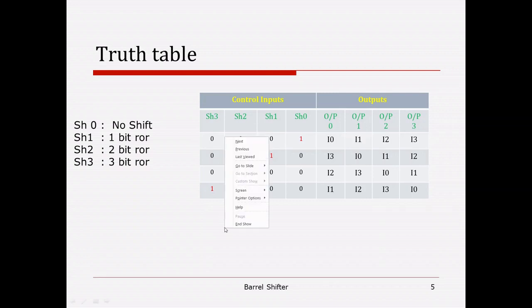From the truth table, what we observe is that at a given time either SH0 is activated, or SH1, or SH2, or SH3.